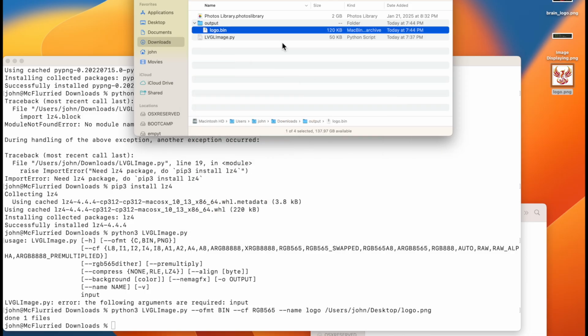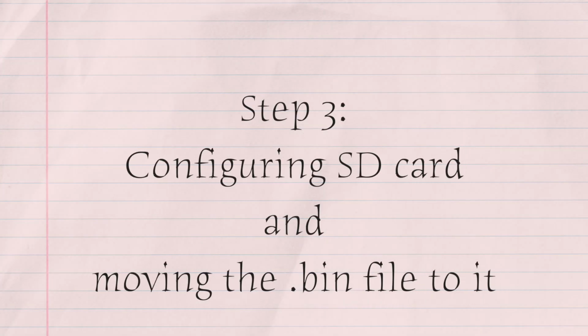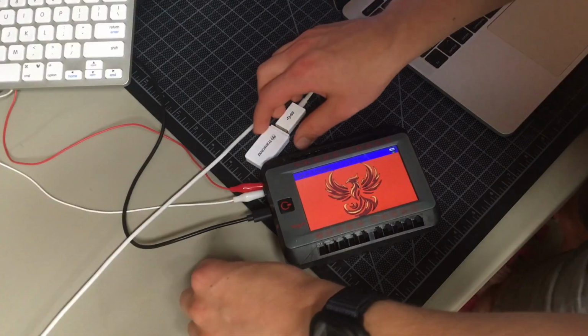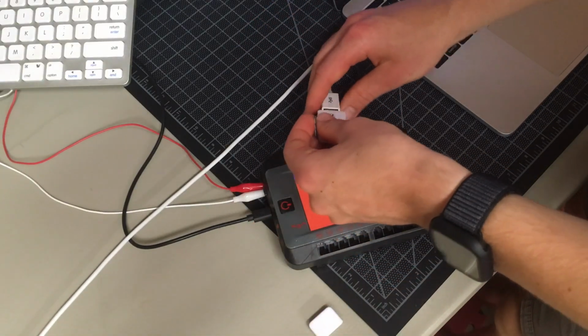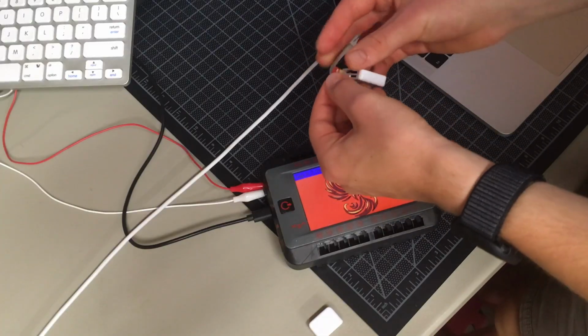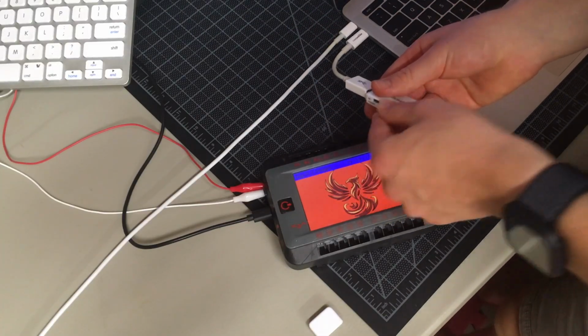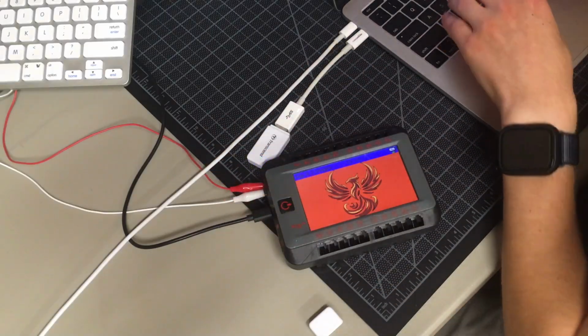Now the next step is going to be to get your SD card configured. Alright, so here I'm going to go ahead and insert my SD card into my laptop. I have to use this SD card reader here, an external one.